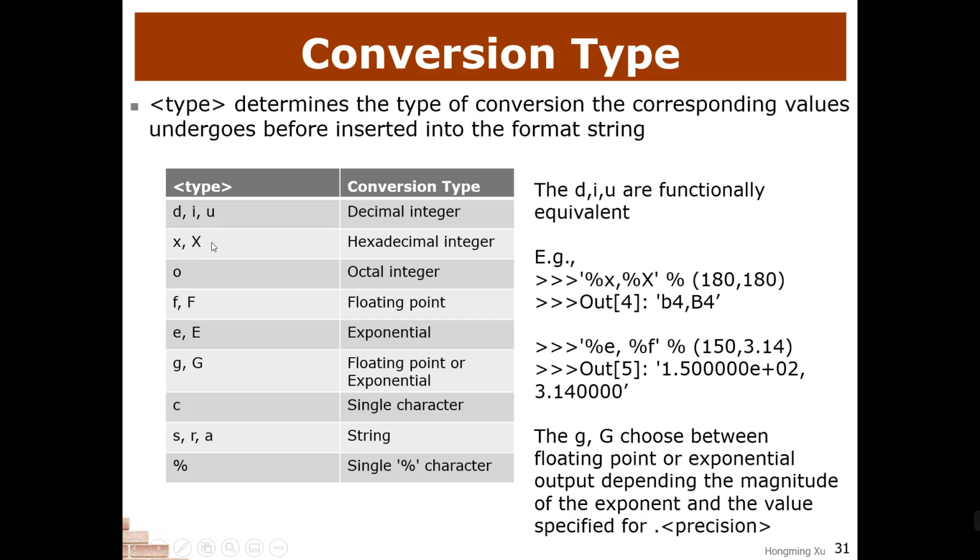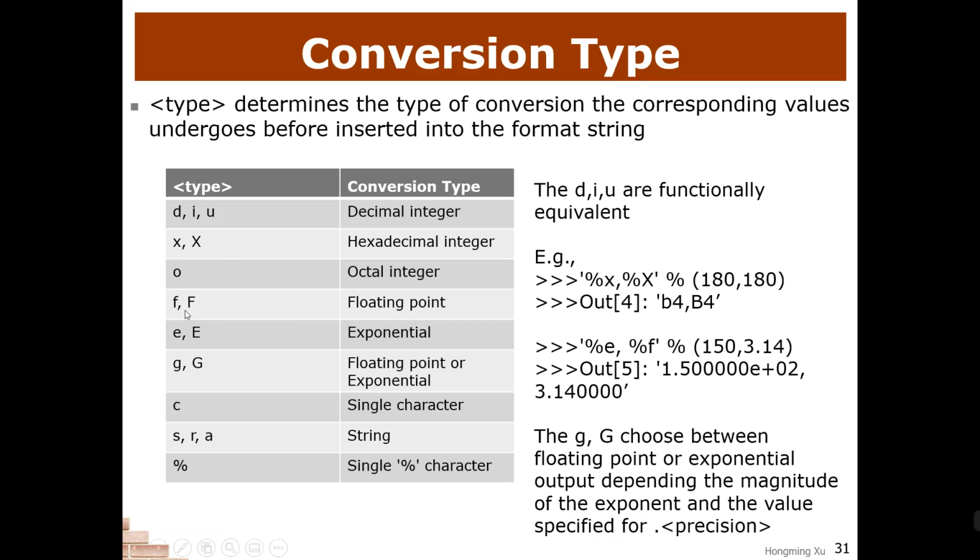Because for the hexadecimal integer, we need to use the letters A, B, C, D, E, F to represent the number, it has lowercase and uppercase X here. But for octal integer, the numbers don't need any letter to represent them, so just the lowercase o here.